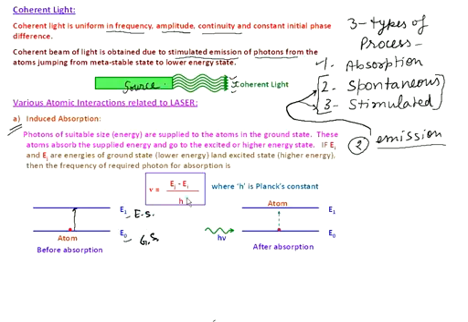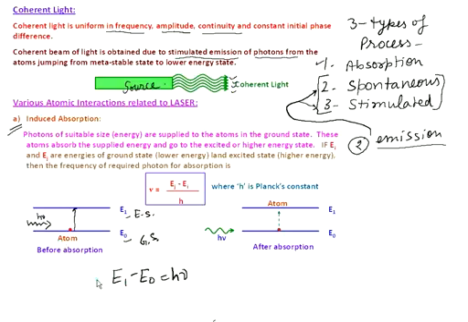So in general, the difference between these two energy states, E1 minus E0, is equal to h nu. That is possible if the energy of the photon is comparable to the difference of these two energy levels.